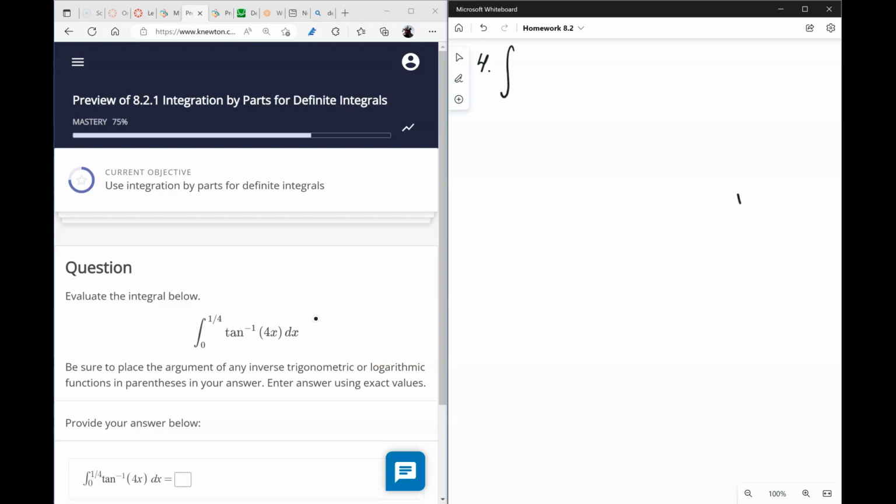So we have the integral from 0 to 1/4 of arctan of 4x dx. The first thing we're going to do is set it up as integration by parts.